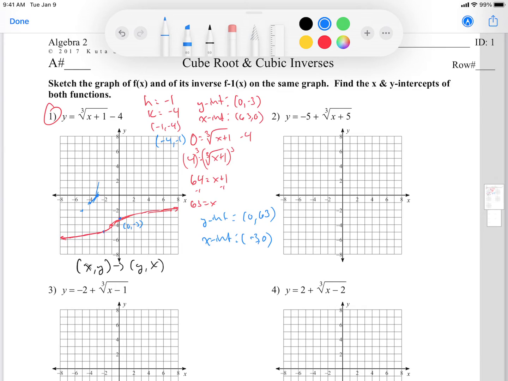And so my next function should be like this. And that's my inverse. Okay? And that's just a kind of quick and dirty way that you can do this. The only reason I'm kind of speeding through this is I want to give you enough time to at least start your assignment today.